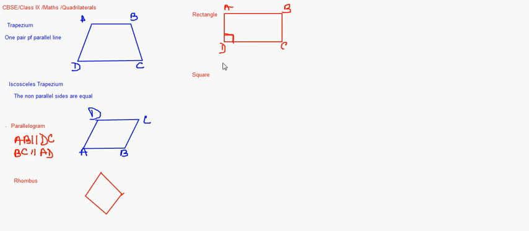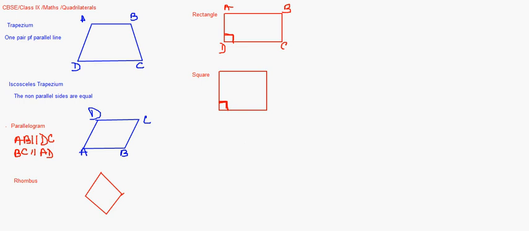Square also we know has all four sides equal, as in the rhombus, and actually all the angles are 90 degree, but if you prove first all sides equal and one angle 90, that makes it a square.